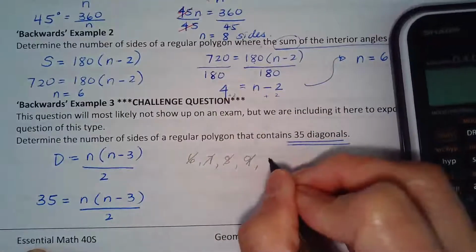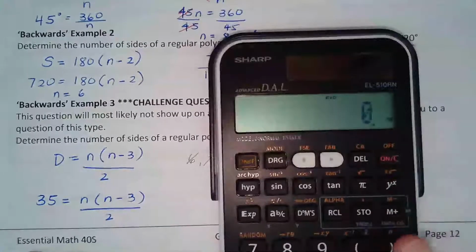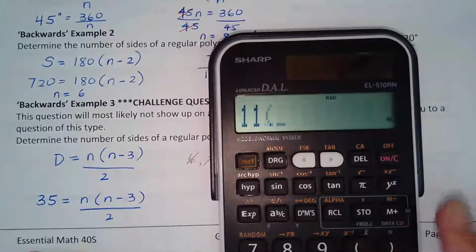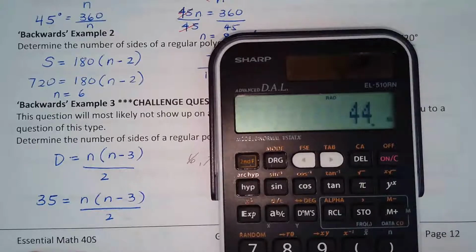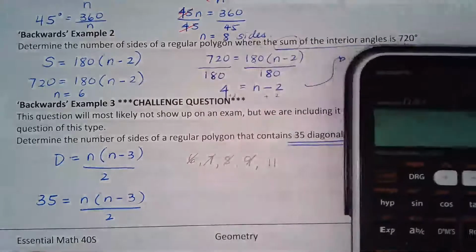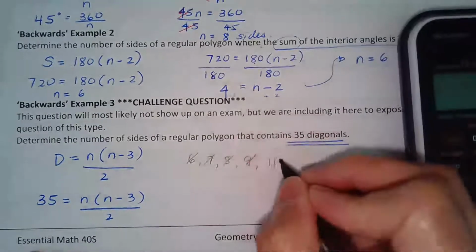I'm going to try 11. Okay, I'm going to skip the 10. I'm going to see if 11 works. So 11 times 11 minus 3 divided by 2. 44. Oh, we skipped 10. I went to 11. I got 44. So no, I have to go back there.